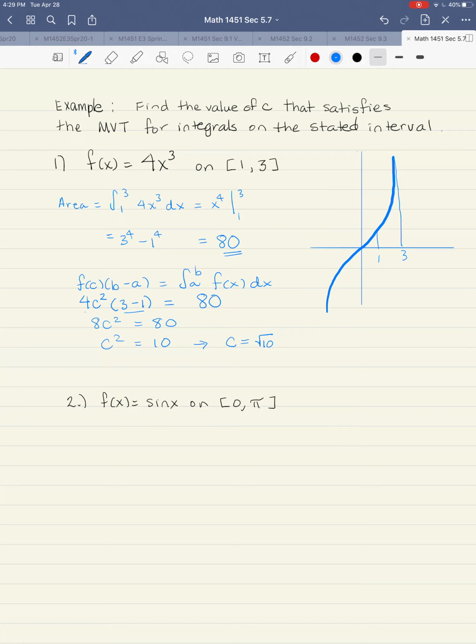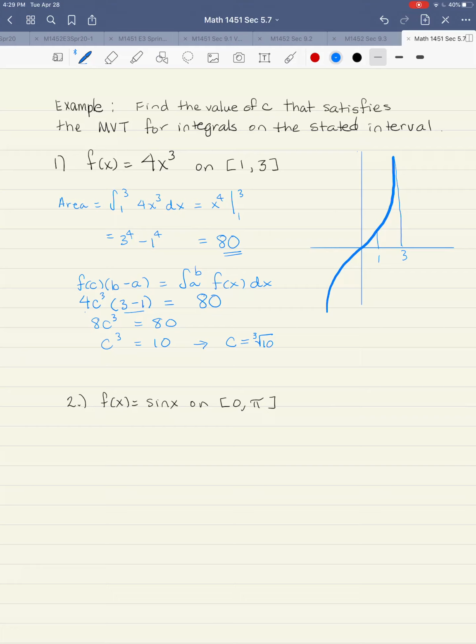Oh, that should be c cubed. There's my problem. I knew that number was too big. This is cubed. Let's fix that. 4c cubed. And this is c cubed here.